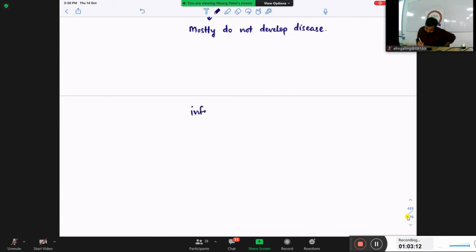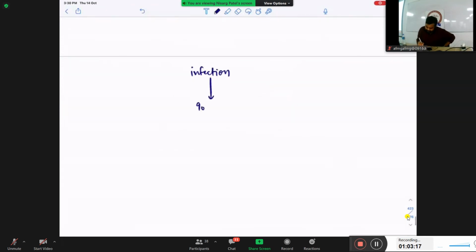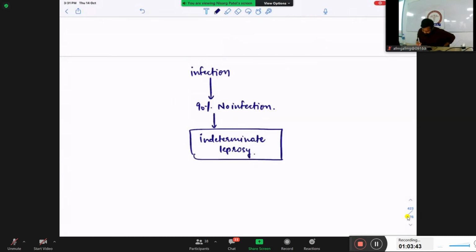Suppose infection comes to my body. In 90% there is no infection. But what will happen if they reach my perineural sheath? In my peripheral nerves, I have a perineural sheath.